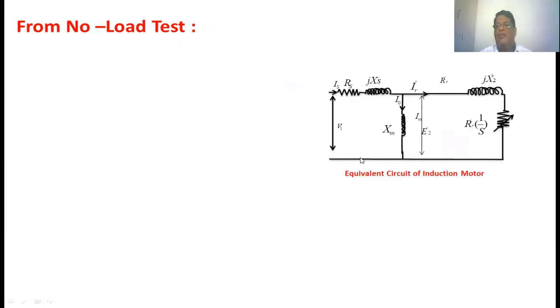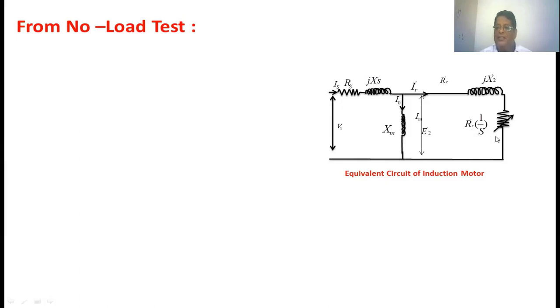This is the exact equivalent circuit of an induction motor. This is the stator resistance. This is the stator leakage reactance. This is the magnetization reactance. This is the rotor resistance referred to the stator. This is the rotor resistance along with the electrical equivalent of the mechanical power developed in the induction motor. At no load, the slip of the induction motor is very, very low, so this quantity will be higher.